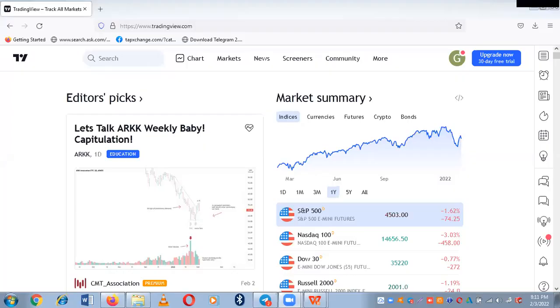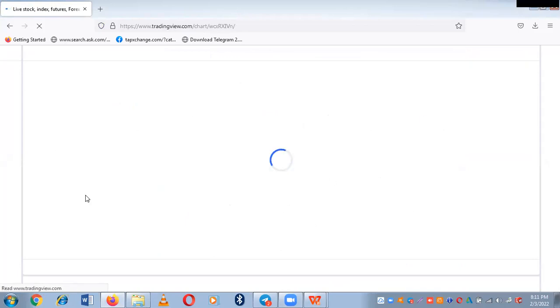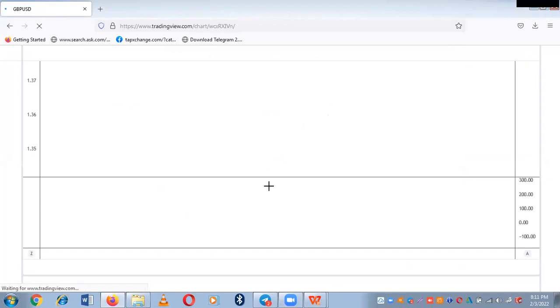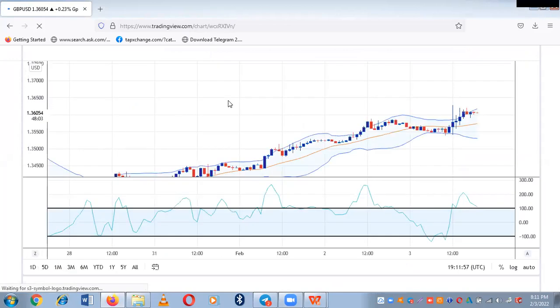So if I go back to that trade, you see that support and resistance, if I go to charts, let's wait for TradingView to open. Can you see this, class?